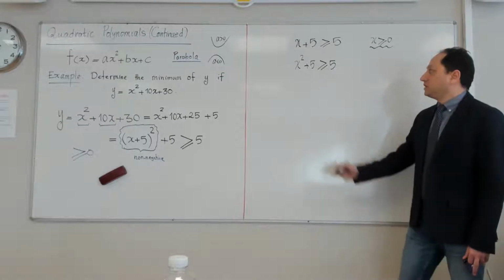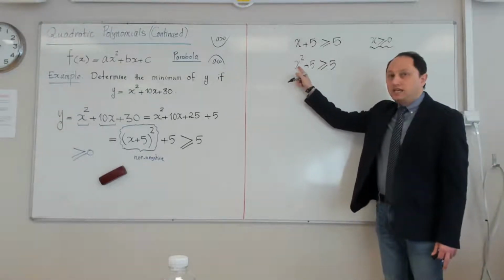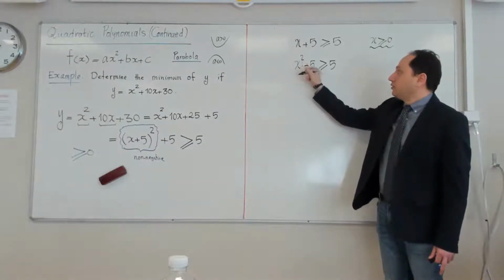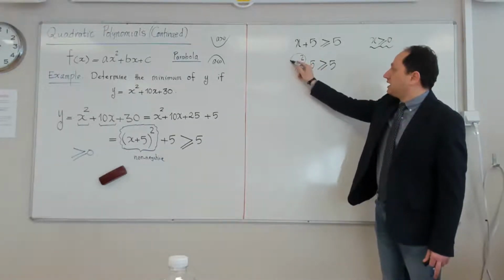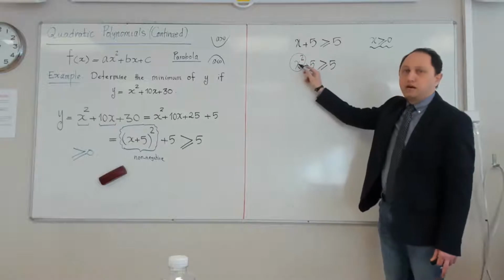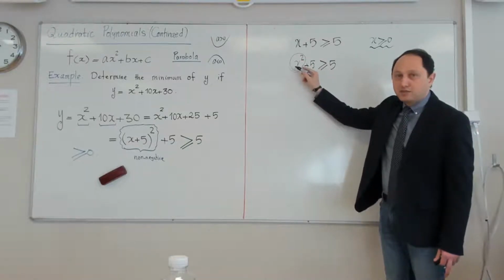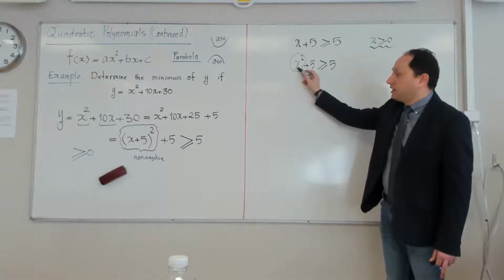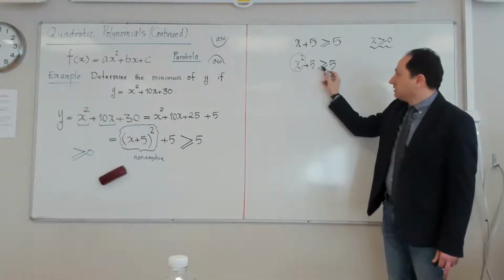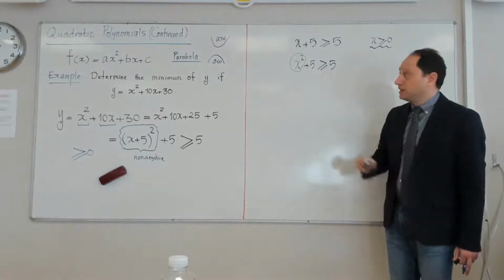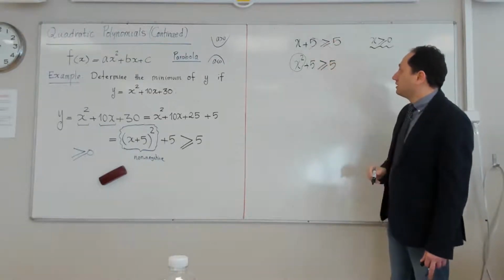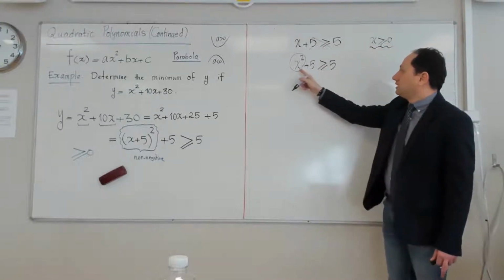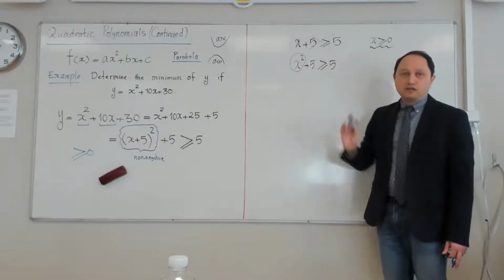Yes, because even though here x can be negative again, because of this power 2, this is guaranteed that this part is a non-negative number, even though x itself might be a negative number. And then I am adding a non-negative number to 5. Definitely this is guaranteed, but this is not guaranteed, yes? This is only true if x is greater than or equal to 0. But this is true for every value of x.